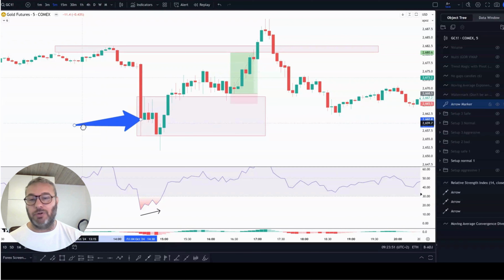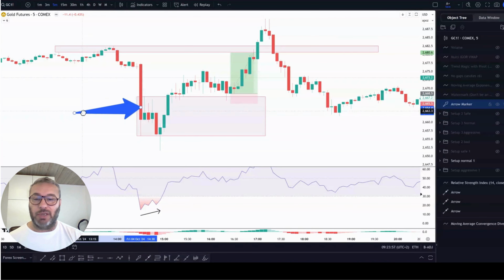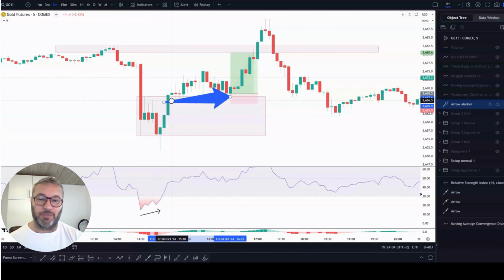There are many names for it. But I'm waiting until the price is breaking this area here. And I'm also waiting for the price to go up and make a little retest. As soon as it makes the retest, I enter at the first candle close.